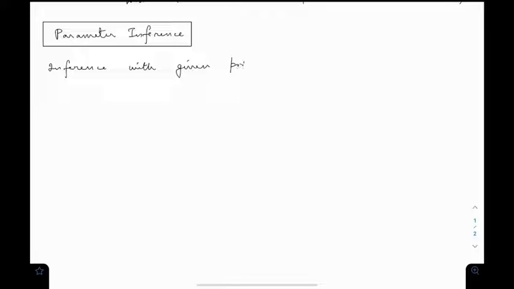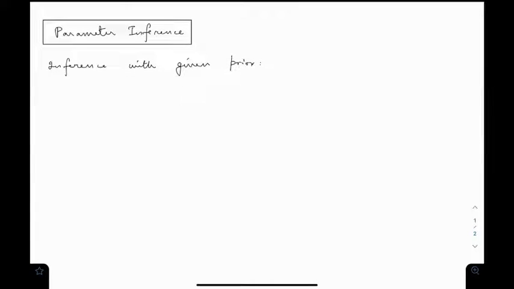This will basically bring Bayes' theorem into the picture. And let's first concern ourselves with discrete hypotheses.